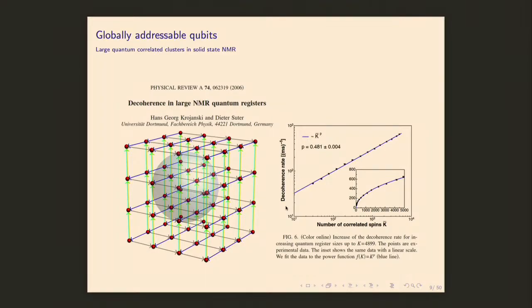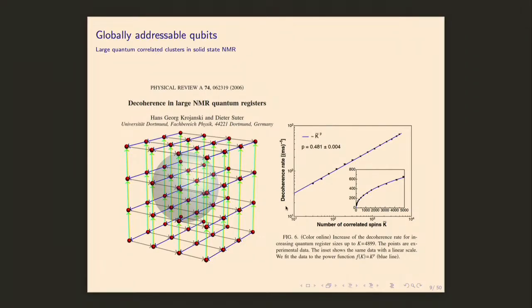So this is another way, but this one doesn't give addressability because there is no chemical shift. They are all exactly identical, unfortunately, so you can't address, for example, this qubit, and you can't use it for universal quantum computation. However, this is a very good system for studying the physics of quantum registers.